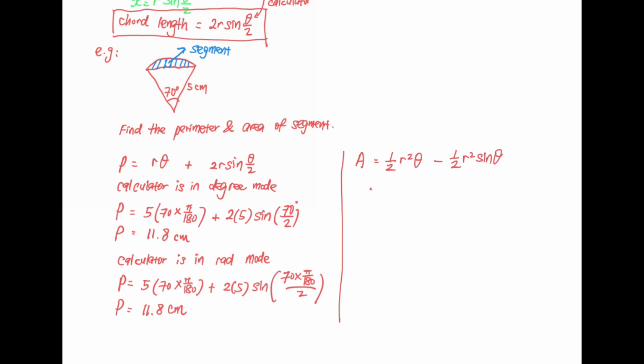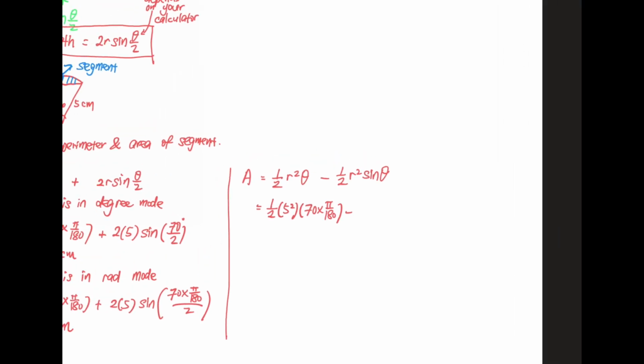If you are finding the area of sector, we must use radian. So which is 5 square, then multiply with, the theta must be in radian, so 70 times pi over 180. And after that, for the back one, 1 over 2 5 square sine.